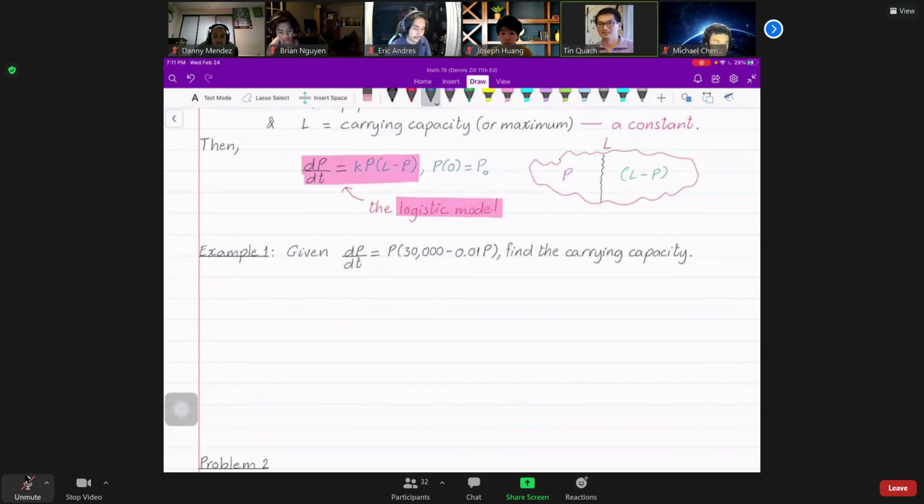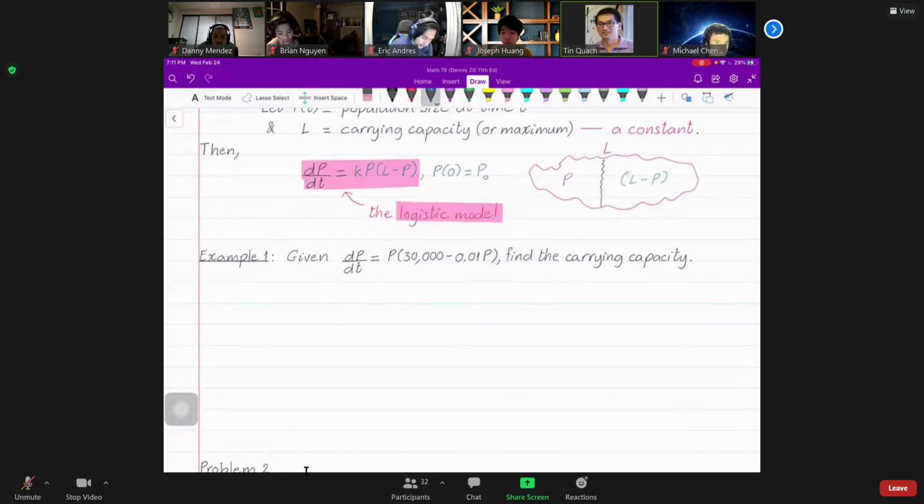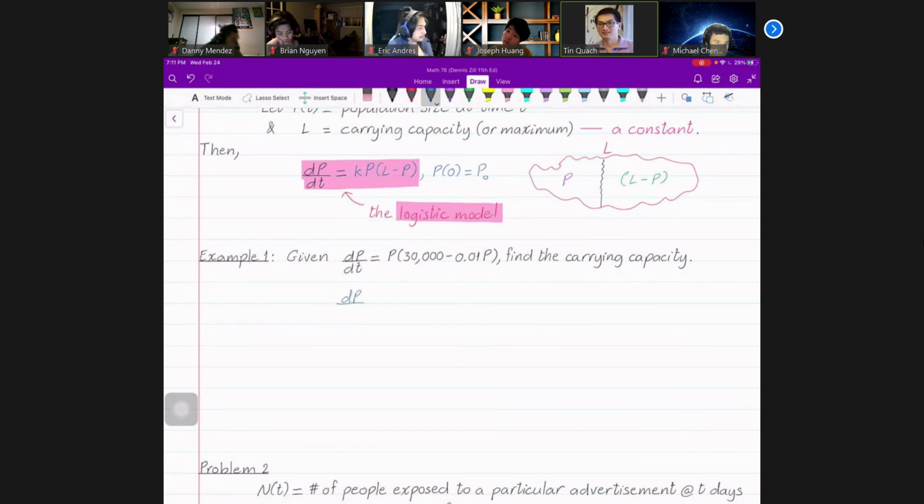So dP/dt, you're going to factor out 0.01 times P. So what do you have to put inside so that when you multiply out, you get back to 30,000 minus 0.01 P? 0.01 times what will give you 30,000? 30,000 over 0.01. Very good.